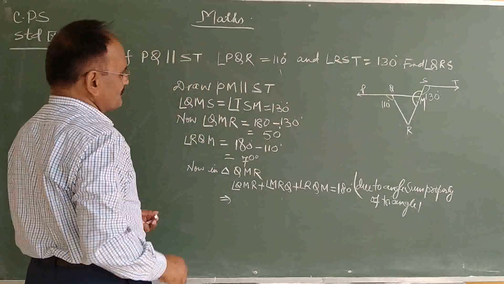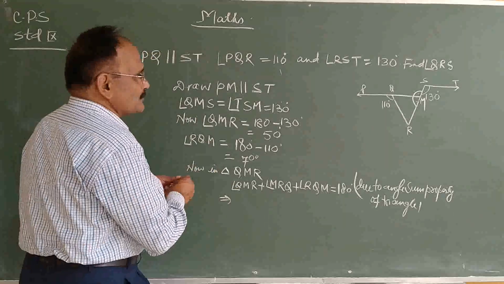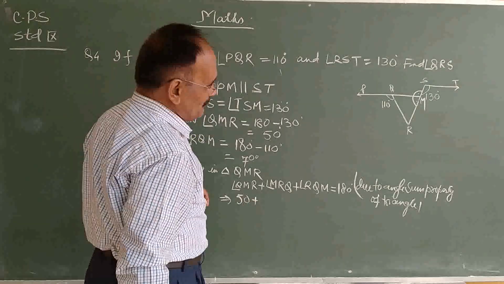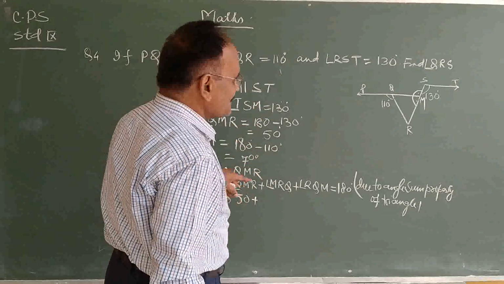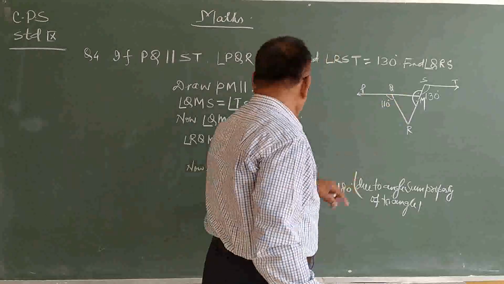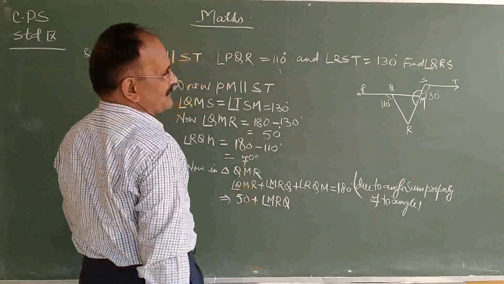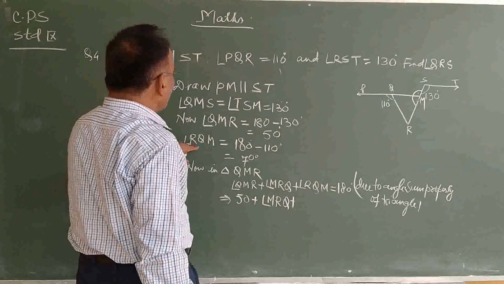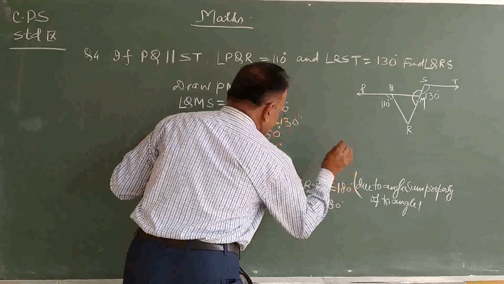This implies angle QMR is equal to 50 degrees, plus angle MRQ, which we have to find out, plus RQM 70 degrees is equal to 180 degrees.